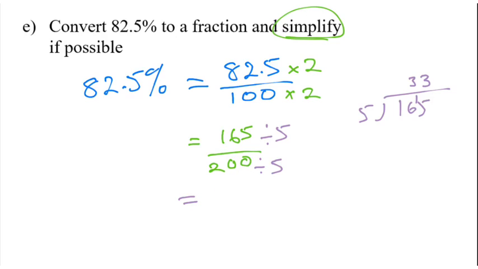So that's going to give me 33 on the top, and 200 divided by 5, 5's into 20 is 4, and 5's into 0 is 0. So that's going to be 33 over 40. And I can't simplify that any further, so that's all done.